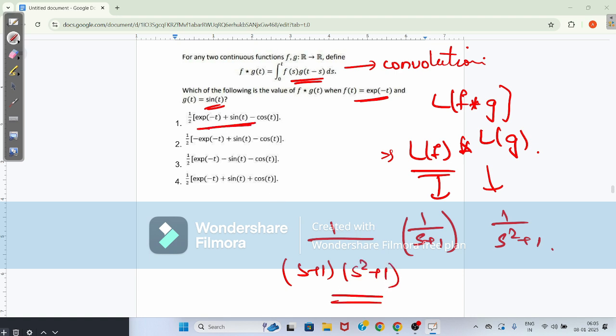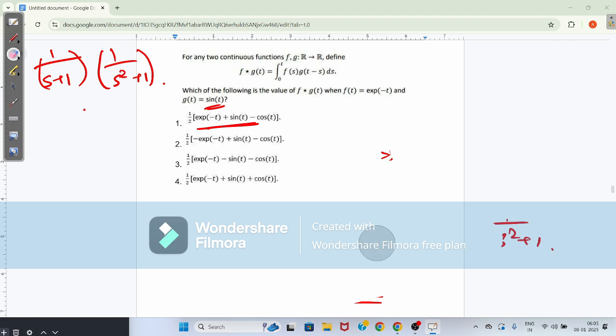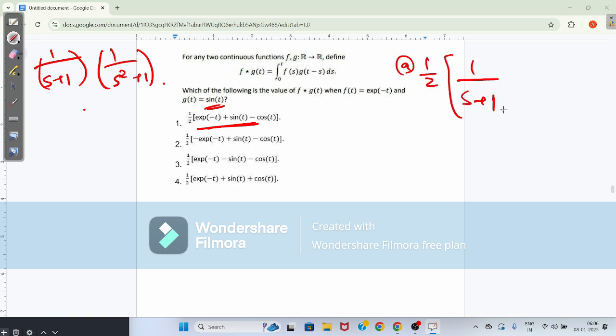Now consider the options. 1 by s plus 1 into 1 by s square plus 1. Now check from the options. Option A: 1 by 2 into 1 by exponential of t, s plus 1, plus 1 by s square plus 1, and for sine minus s by s square plus 1.